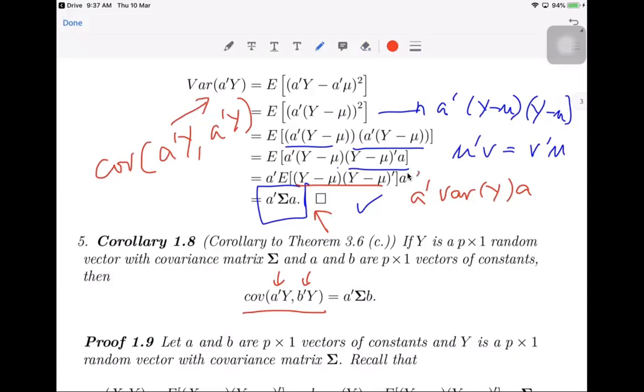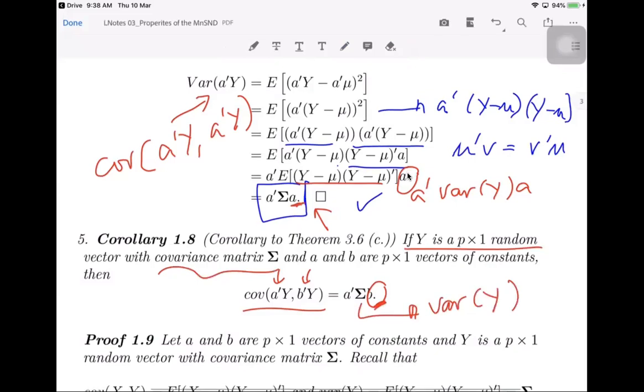So instead of a here, it will be equal to b there. And again, this term here is the variance of y. This is the covariance matrix of y. So let y be a p by 1 random vector with covariance matrix sigma, and a and b are p by 1 vectors of constants. Then instead of having a there, you will have a b there.